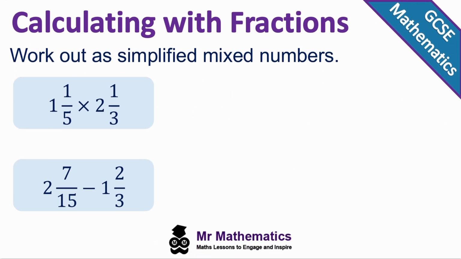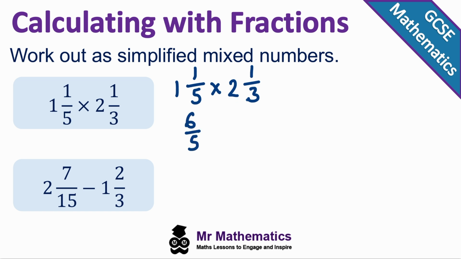For our next question, we've been asked to find the product of 1 1/5 and 2 1/3. Now when you multiply with mixed numbers, we need to write both of these as top-heavy fractions. The way we can do this is we'll have 1 times the 5 added to the 1. So 1 times 5 is 5, added to the 1 will give us 6/5.